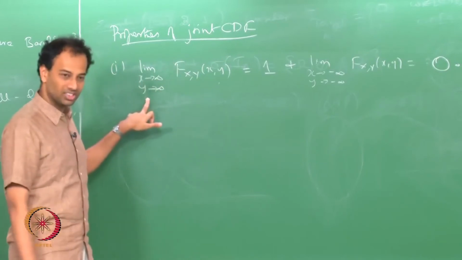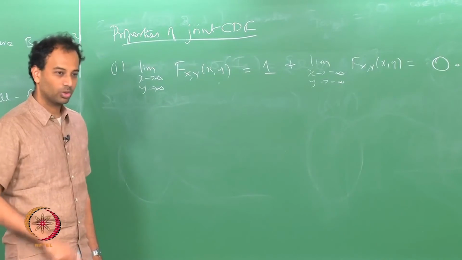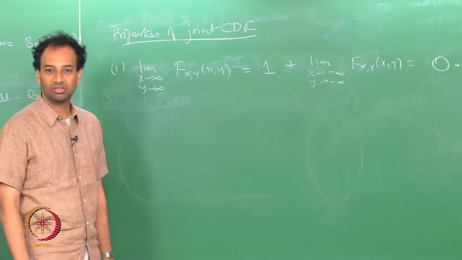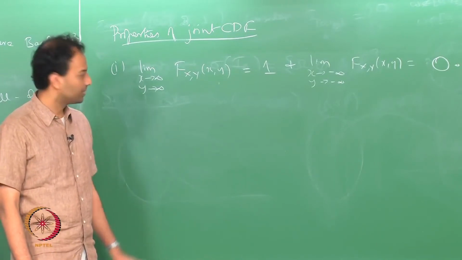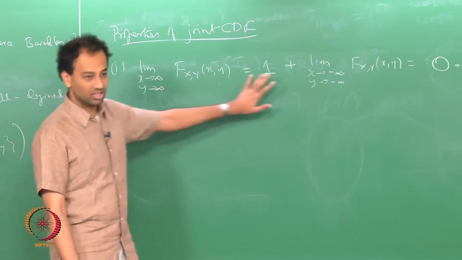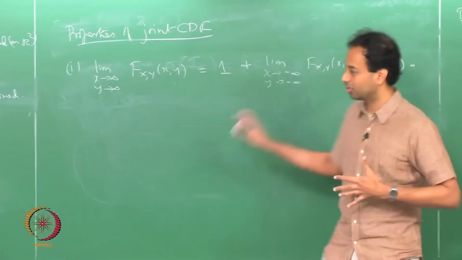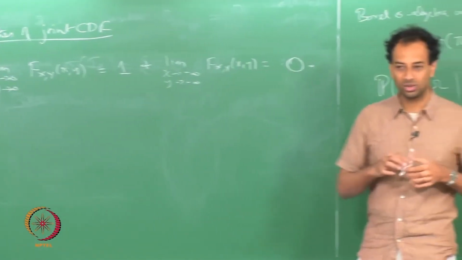But if I write it this way, it does not matter how x and y go to infinity. You can go along any trajectory, and this limit is equal to 1. Similarly, no matter what trajectory x and y go to minus infinity along, this limit is always 0.